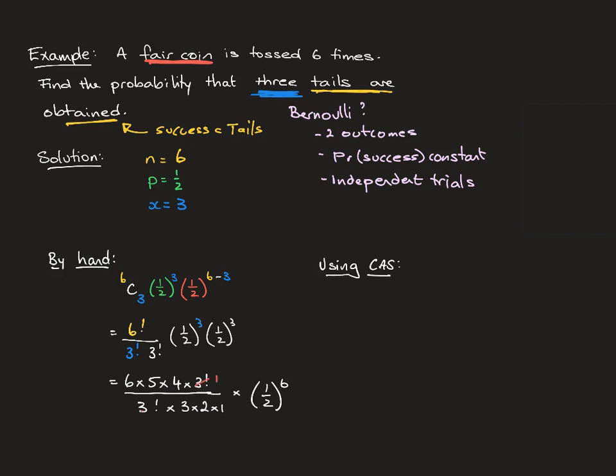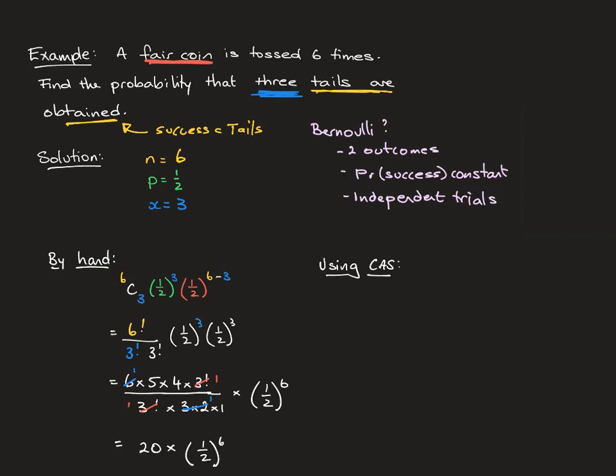Goes in once, goes in once. I also have 3 times 2 is 6, so that will cancel with that. That brings us down to 20 times a half to the power of 6, which we can in fact continue to simplify.